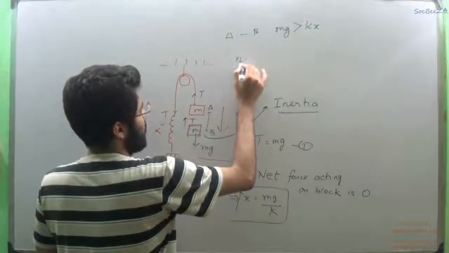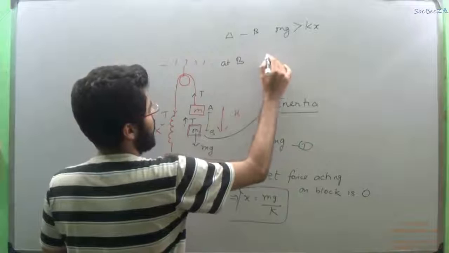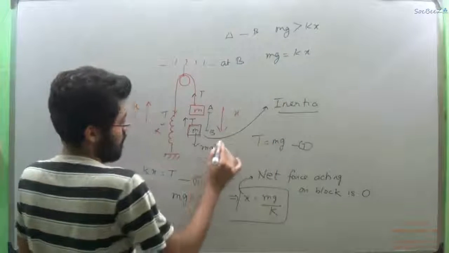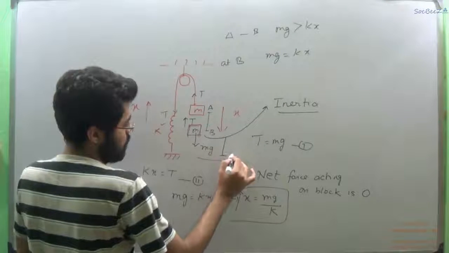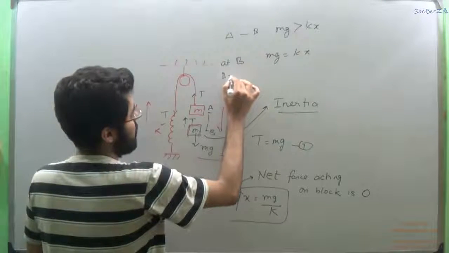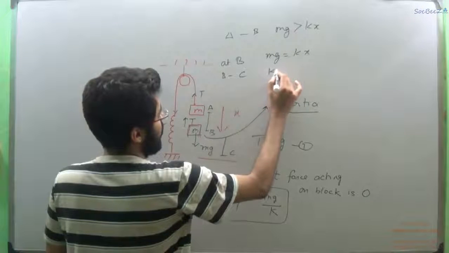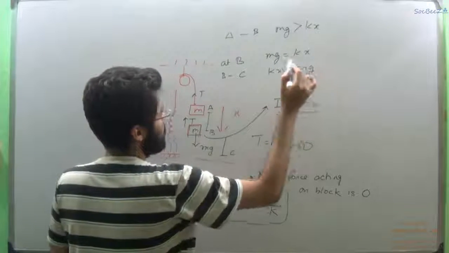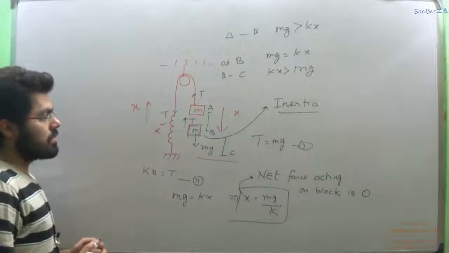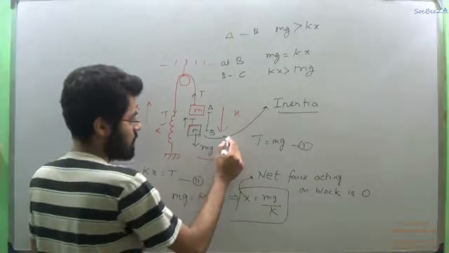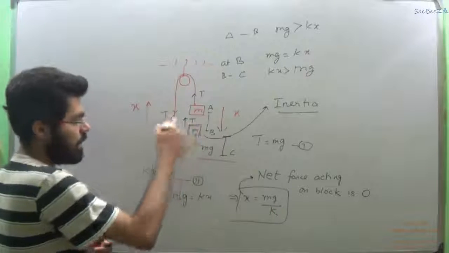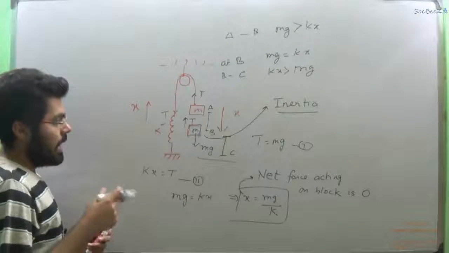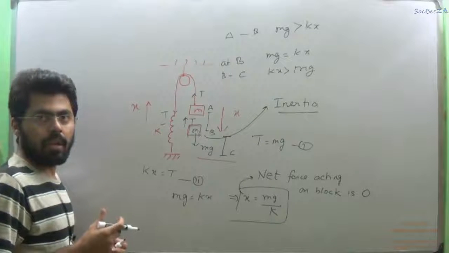But exactly at B, x is such that mg is equal to kx. But suppose the point up to C here. During B to C, kx will be greater than mg. So because of velocity, the mass will further move ahead.